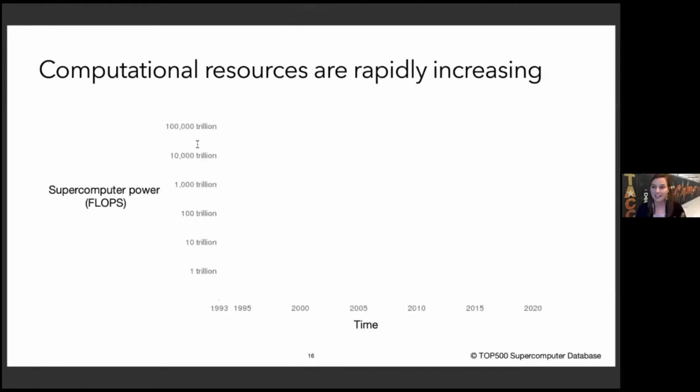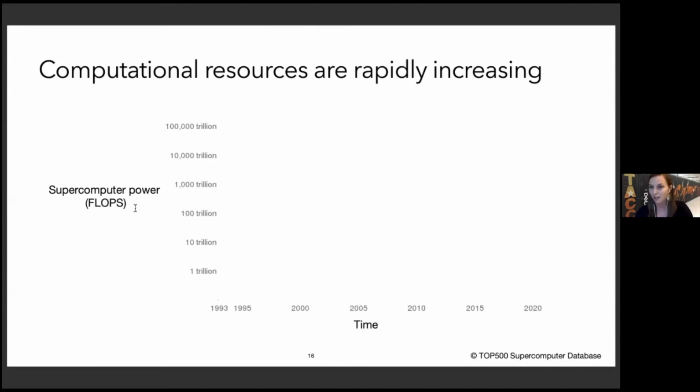So it's not just the data that we have readily available. We also have seen this rapid growth in the computational resources that we can use to do different science. And so again, on this x-axis, I have time in years from 1993 to present, and on the y-axis, I have a measure of supercomputer power, in flops.